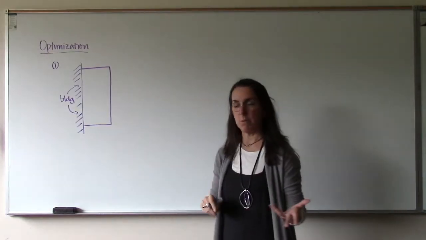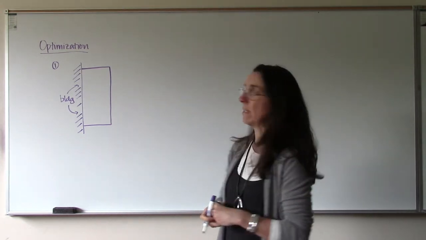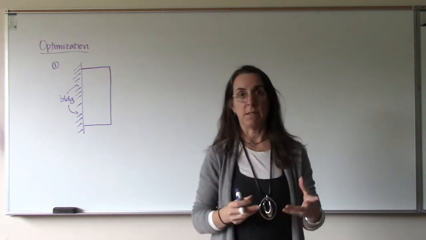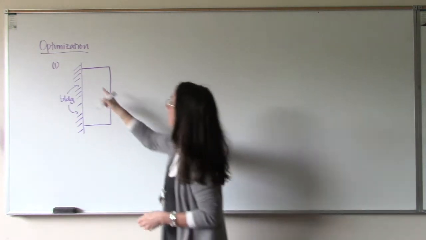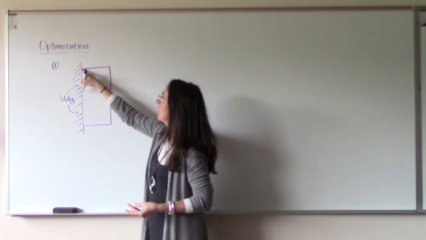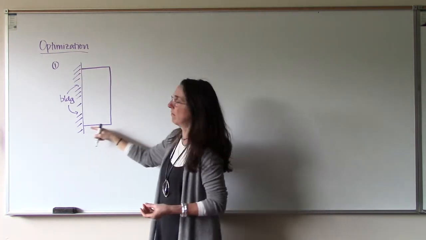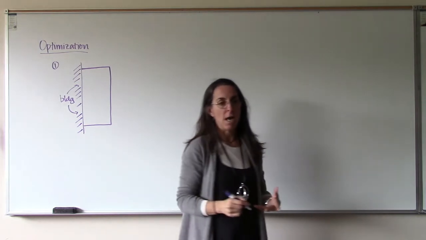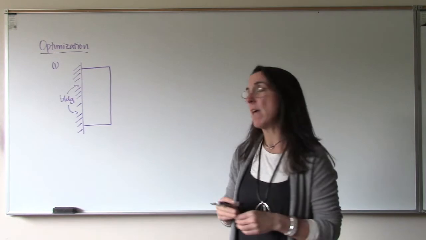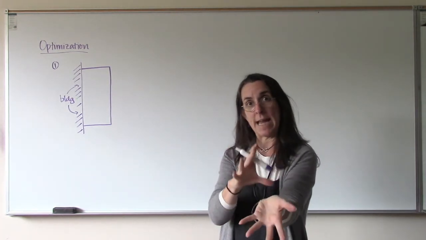So the problem is that we want to build a fence, and one side of the pen is a building, and so we need to use some kind of fencing material that goes from the building out to here, down to here, over here, back to the building, and we want to come up with the dimensions of the fence that will give us the maximum enclosed area.